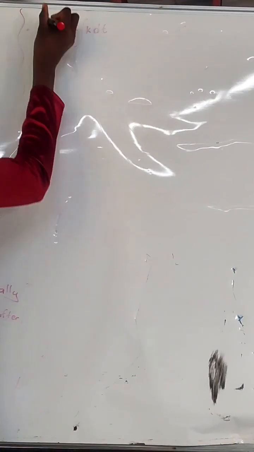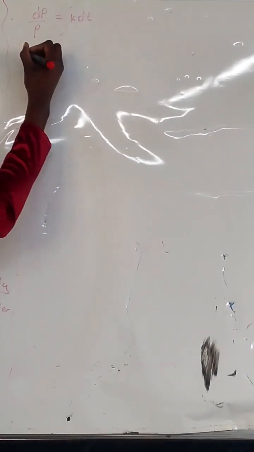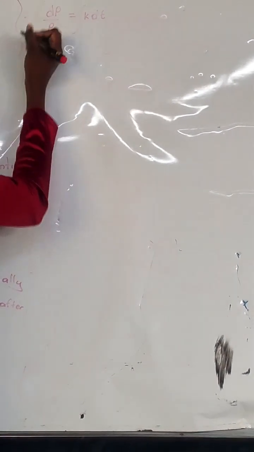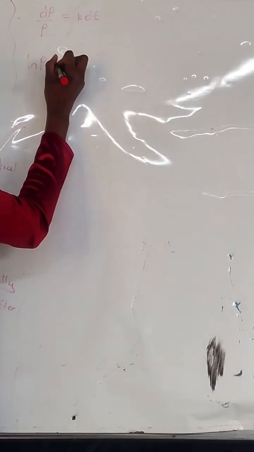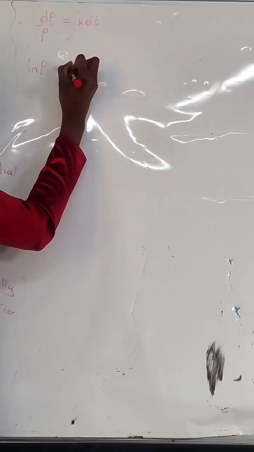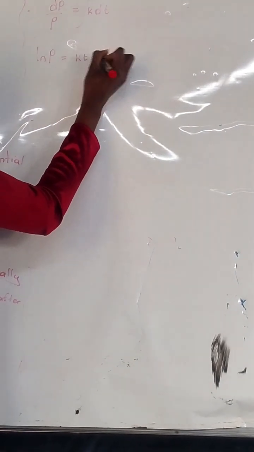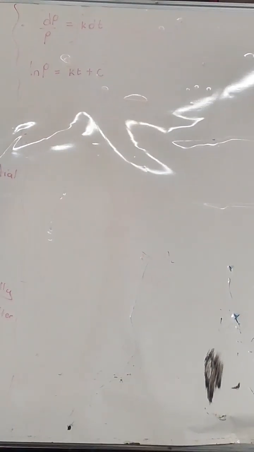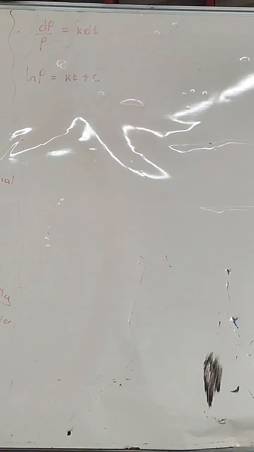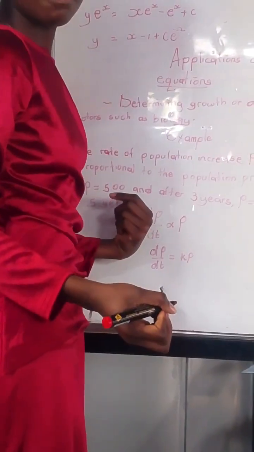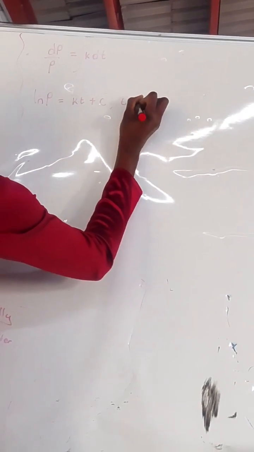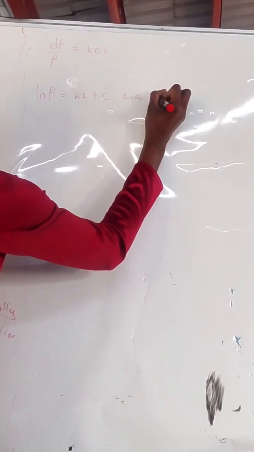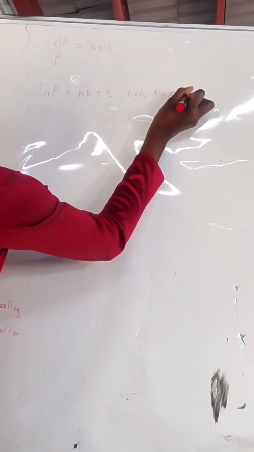After we integrate, here we get ln P equaling Kt plus C. This is the integration constant, but they've told us initially P was 500, which means at t equaling 0, P was 500.